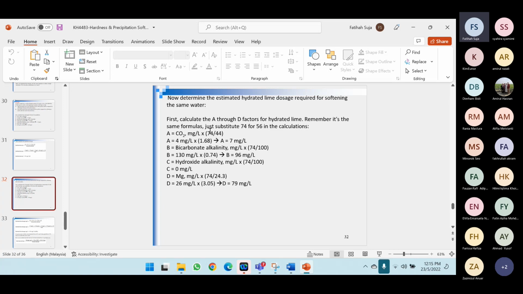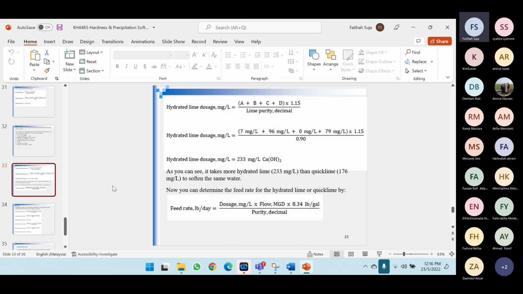So you can see here the molecular weight is 74. And finally, you will get the concentration of lime dosage. So you can see it takes more hydrated lime than quicklime to soften the same water, because you are using a compound with OH.